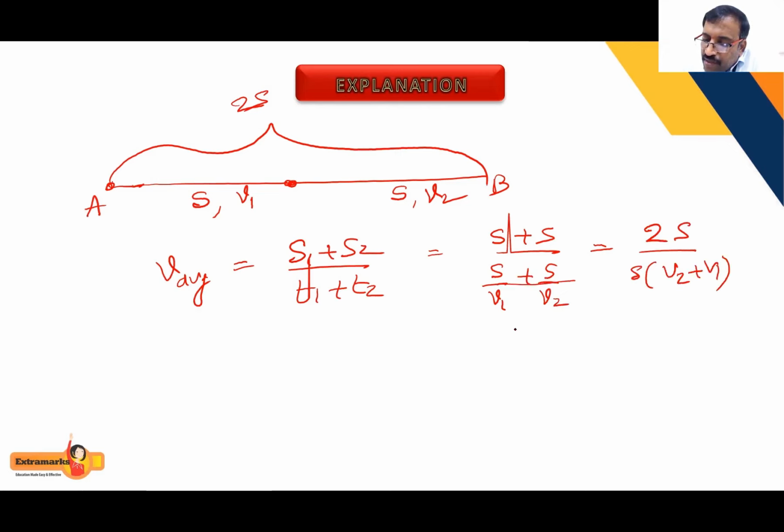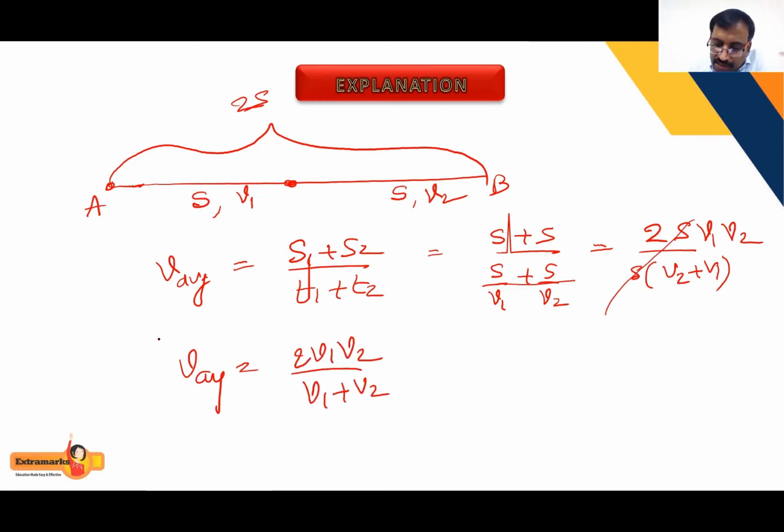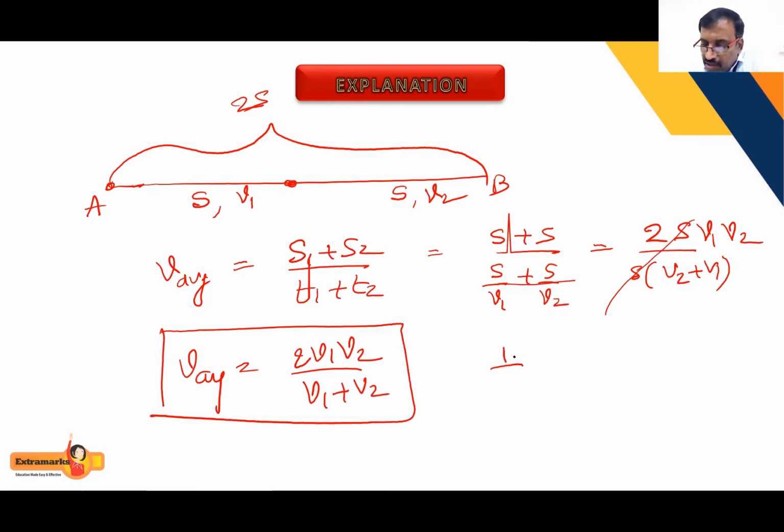No LCM needed, right? So this comes up as V1 V2. S and S get cancelled. V average is equal to 2 V1 V2 by V1 plus V2. Sometimes in options this can be written like this also, but generally students will go for none of the above option or this option, but don't go like that, see properly. So this will be written as 2 by 1 by V1 plus 1 by V2. This is also a correct answer.